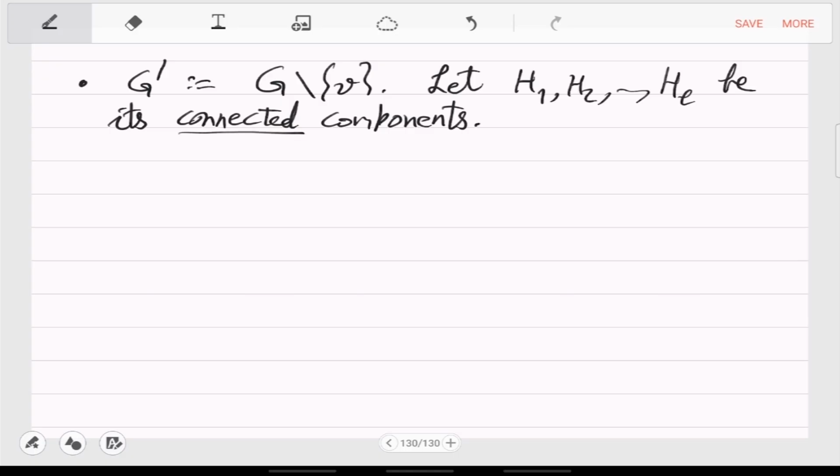So now the picture is you have v and you have connected components here. And the connection from H1 to H2 is via the bridge given by v. This is the whole graph G.